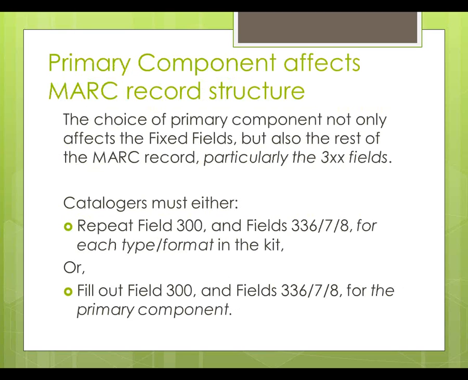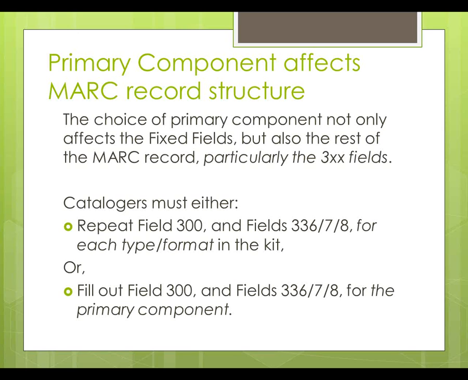So the choice of your primary component also affects how you're going to use the 3XX fields for description. And according to RDA standards, you have a choice here. You can either repeat field 300 and then the RDA material description of 336, 337, and 338 for each resource type in the kit.